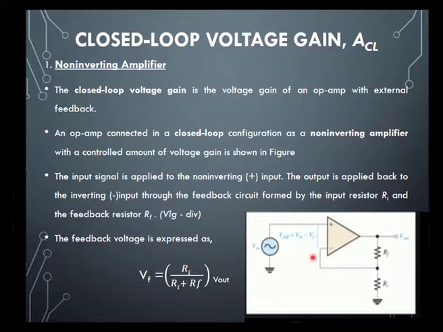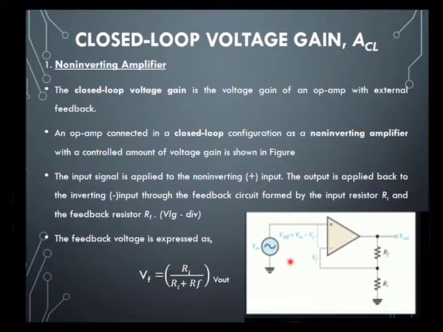It is not the same value as the output, because it is decreased by the voltage divider Rf and Ri. So, this feedback voltage is expressed as Vf is equal to Ri divided by Rf plus Ri, into Vout, because this is a voltage divider circuit, and we can easily find the Vf voltage here.